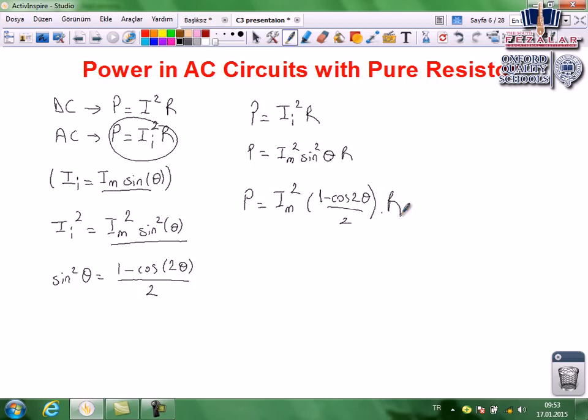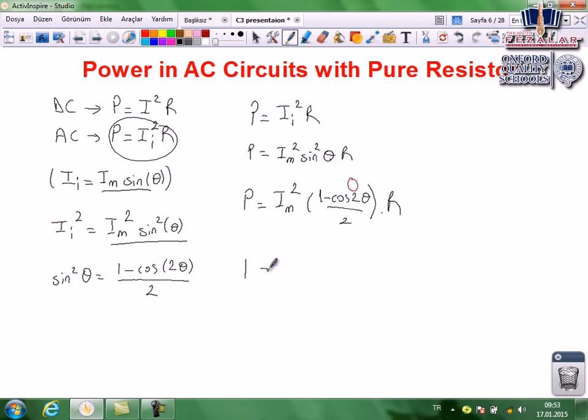Then the average value of cosine 2 theta over 360 degrees and multiples of it will be 0. When the average value of cosine 2 theta over a complete cycle is 0, we will write our equation again.